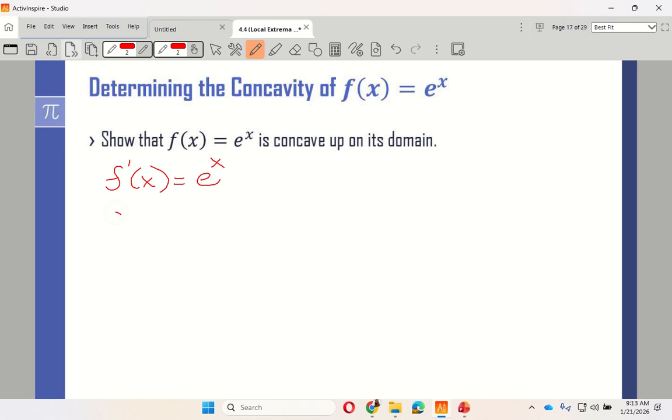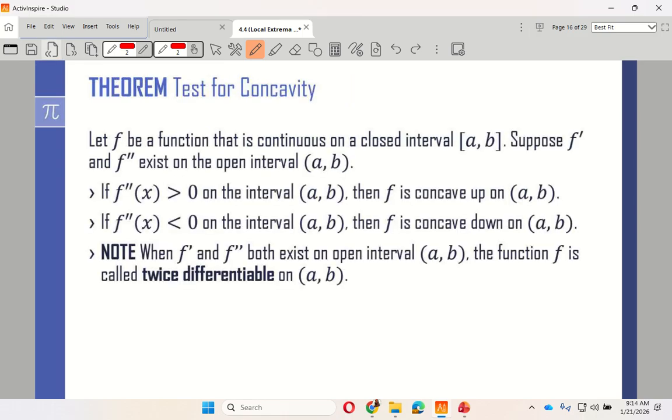Okay, and f double prime of x is e to the x. Now, go back to last slide. So it's got to be greater than 0 for it to be concave up.